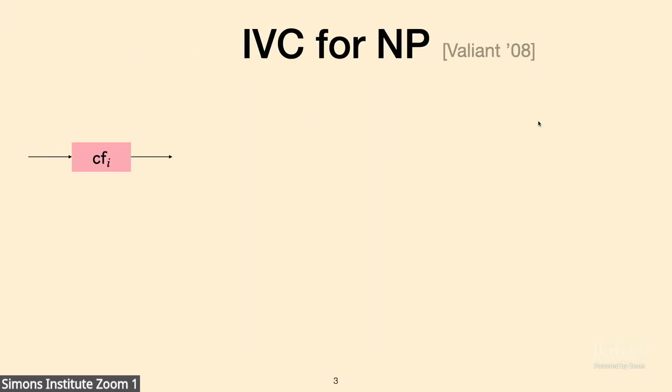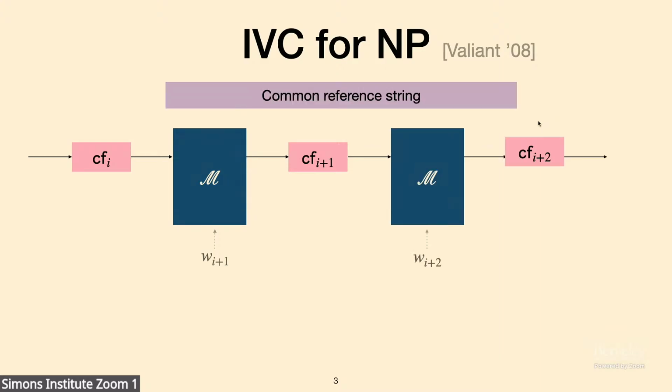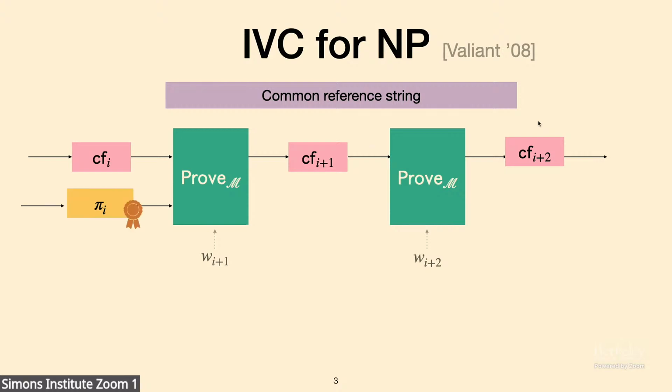So IVC for NP, the way to look at it is there's an ith configuration, CF i. There's a machine M with maybe a non-deterministic input that takes it to a new configuration, CF i plus 1, and so on. And the idea is that I want to set up a common reference string and allow a prover to run M while also proving that the computation so far is correct.